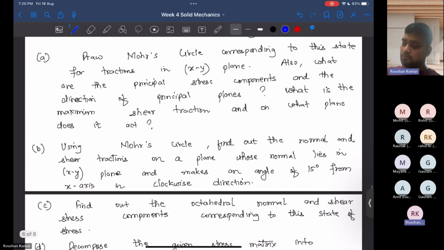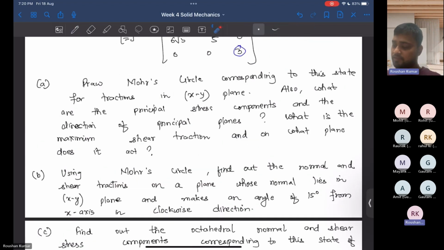Now coming to the first question. The first question says draw a Mohr circle corresponding to this state. We already drew the Mohr circle. The second part is what are the principal stress components and the direction of the principal planes. We found both. The third question is what is the maximum shear traction and on what plane does it act.